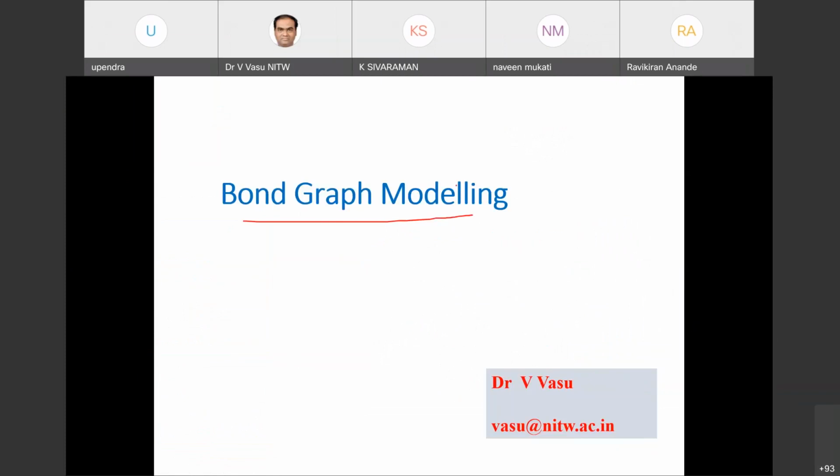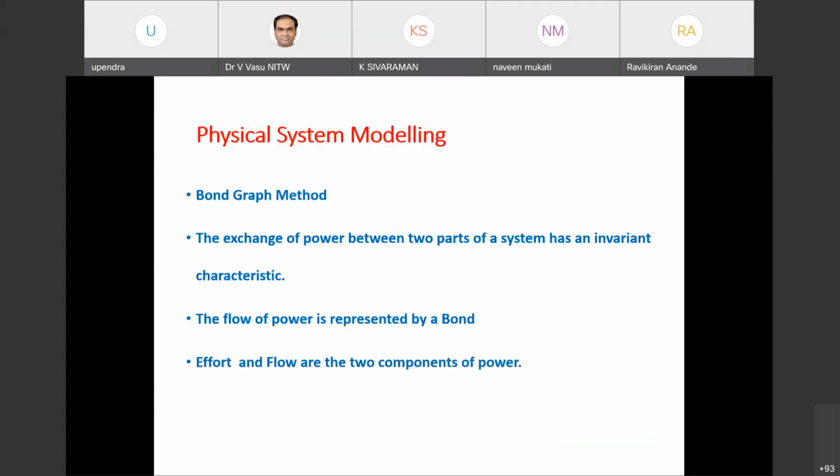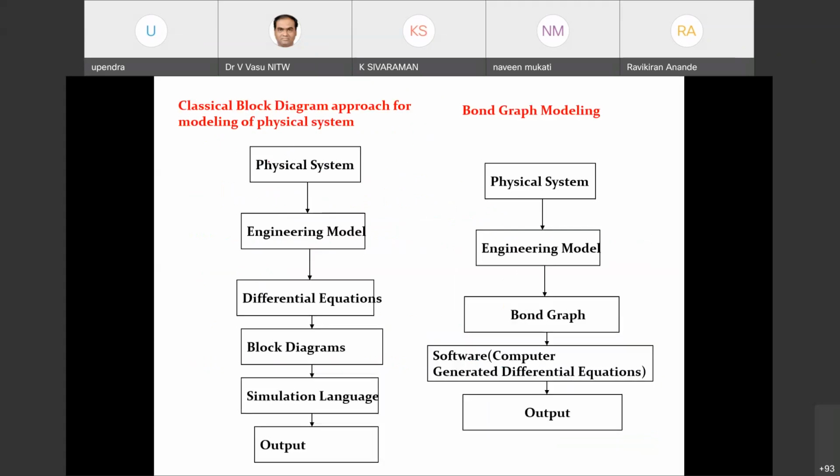This is another important technique. The difference is that in the block diagram technique, we start with the physical system, make an engineering model, get the differential equations, represent them in the block diagram, then make the simulation, and finally get the output.